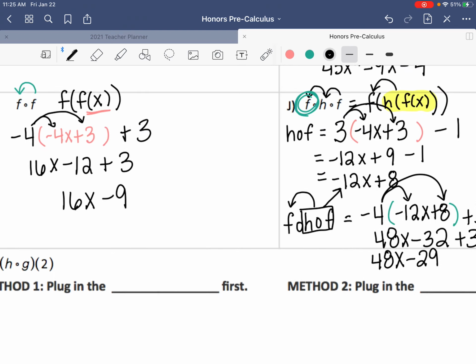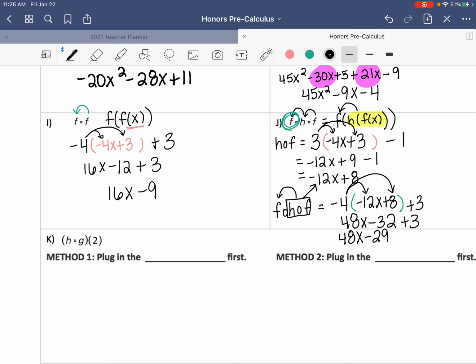Now, what happens if we're given a number? So I'm looking at this particular problem for K, and it's asking me to do h of g of 2. So there's two ways that we can handle this. One I feel is a little bit more simpler than the other, but I'll let you decide which works best. So the first one, you're going to take the function and you are going to plug in the function first.